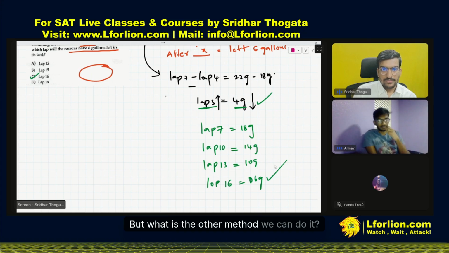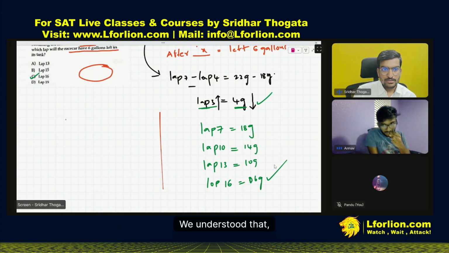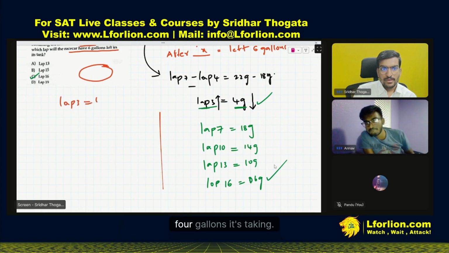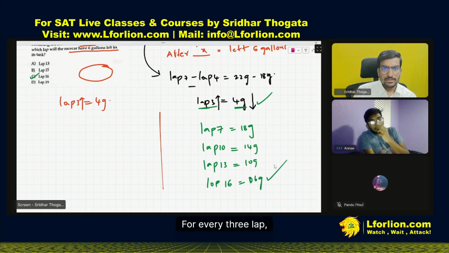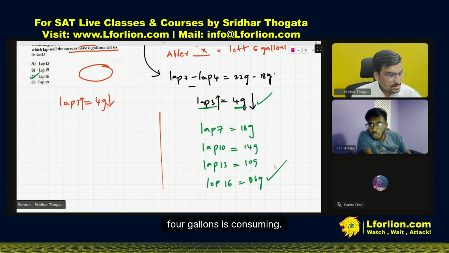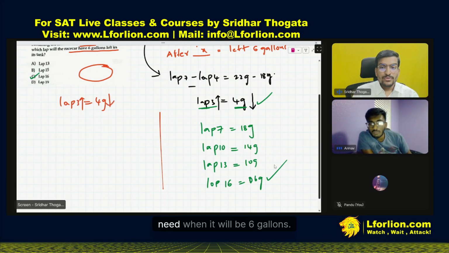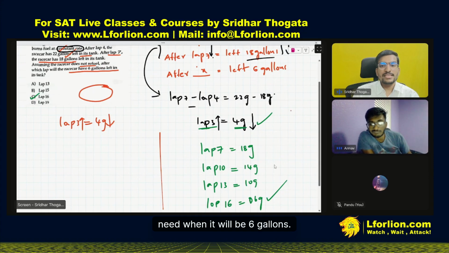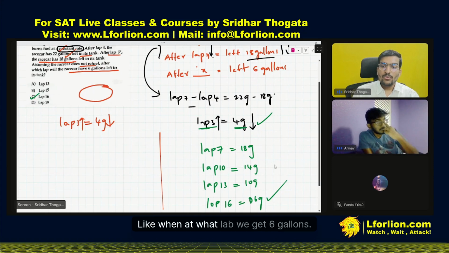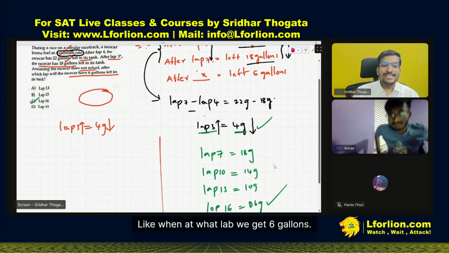But what is the other method we can do? We understood that for every 3 laps, 4 gallons is consumed. So we need to find at what lap we get 6 gallons.